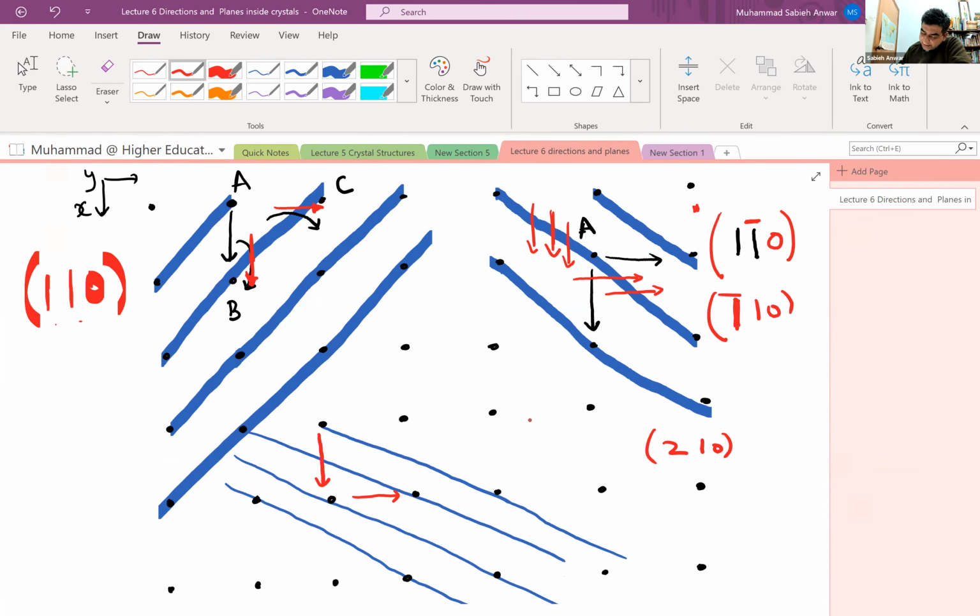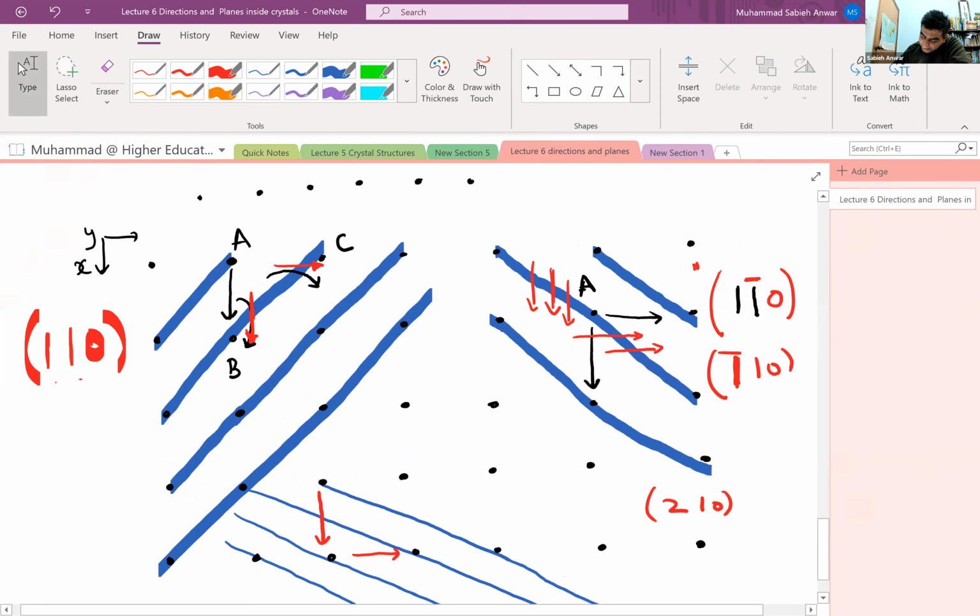So if you look at the left, if I move from A to point B, look at the directions in which I'm piercing the planes. I'm piercing the plane from this side, which I've drawn in red. And when I move from A to C, I'm also piercing the same plane starting from the red direction.